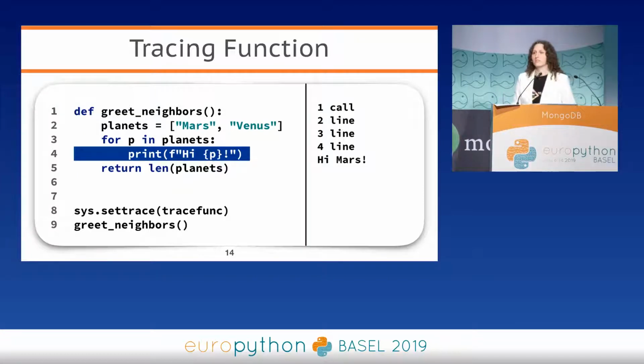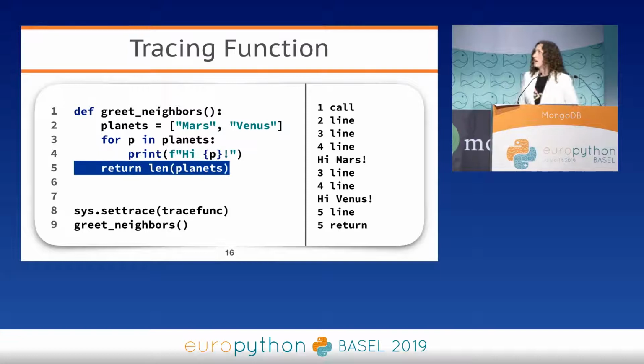After that, during the second loop iteration, Python executes lines 3 and 4 again, and hi Venus appears in the output. And after that, we are returning from the function, so Python executes line 5, and the event return appears on line 5.